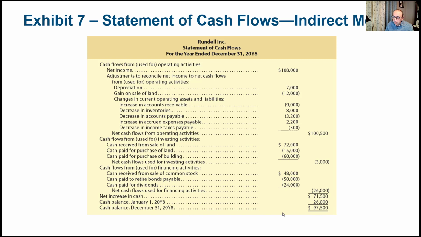So we get the cash balance at year end to be 97,500. So that's a typical statement of cash flows. Again, one more time, we have the operating activity, the investing activity, and the financing activity. We combine them all together and add it to the beginning balance to get the ending balance. And that's how we can understand the statement of cash flows.